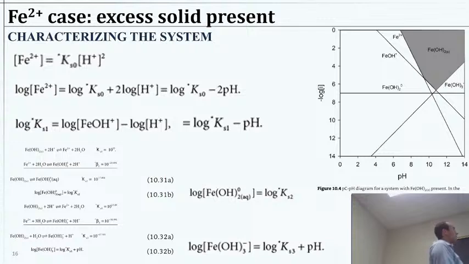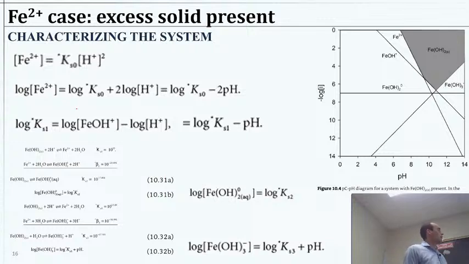We have that solubility product, and we have some knowns that we can calculate. If we start with the Fe2 plus, we can set up this solubility product and take the log of both sides because we've got the H plus squared there.